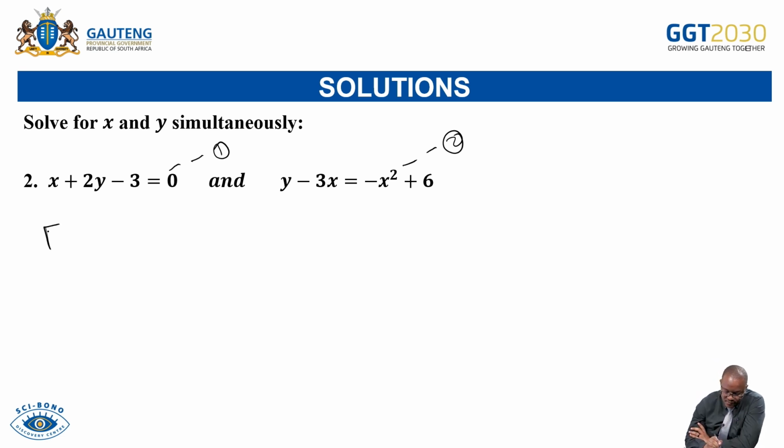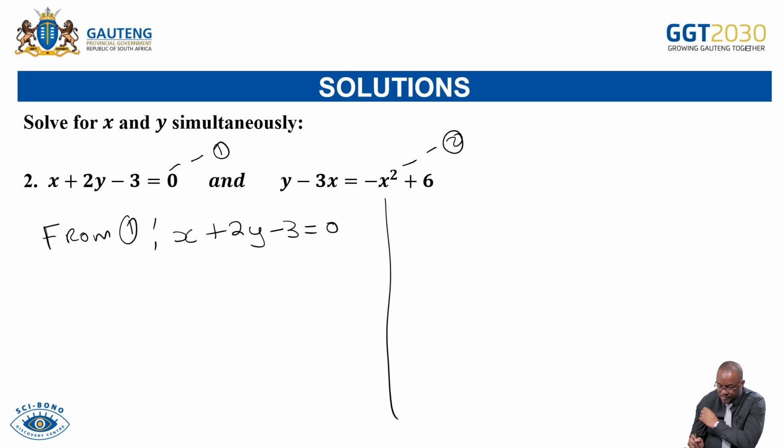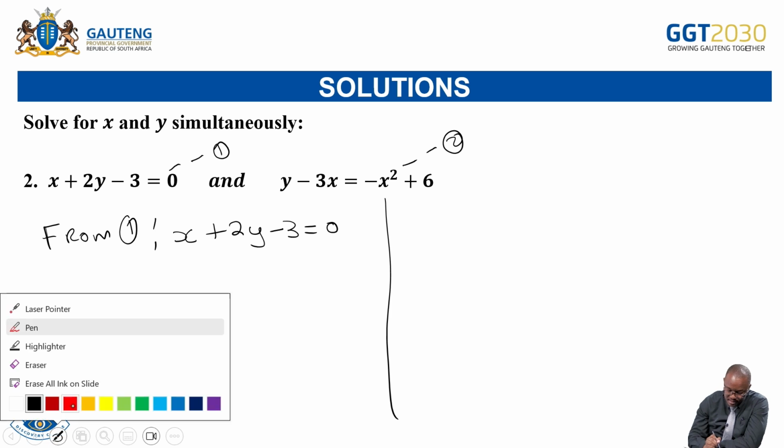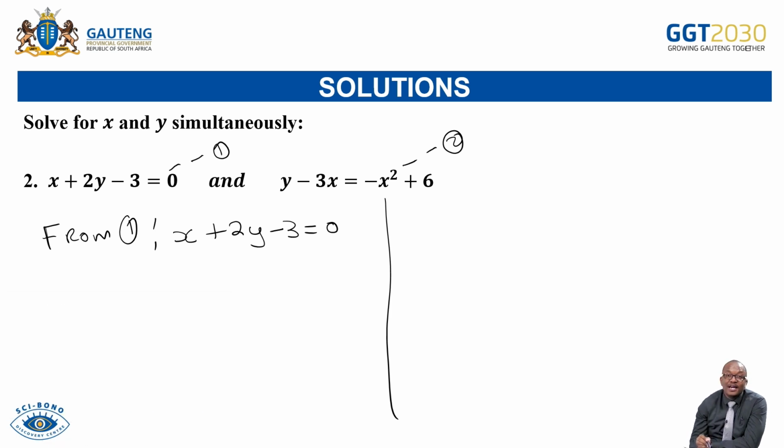So from equation 1, we have x plus 2y minus 3 is equal to 0. So here we can work on making x the subject of the formula. Everything here will be transposed to the right hand side.